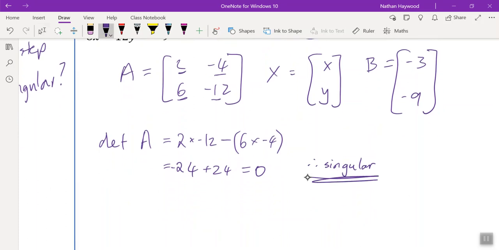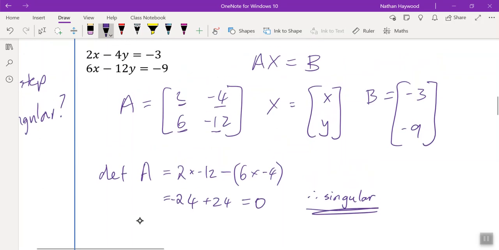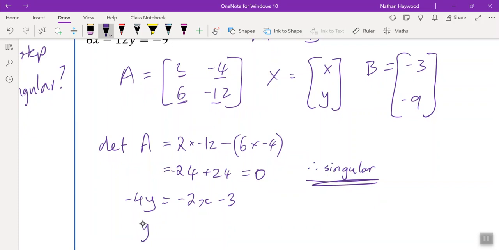If it's singular, put it into y equals mx plus c. So the first equation, bring that 2x over, and then divide by negative 4. So this is the second step.